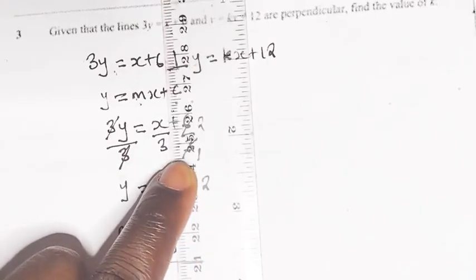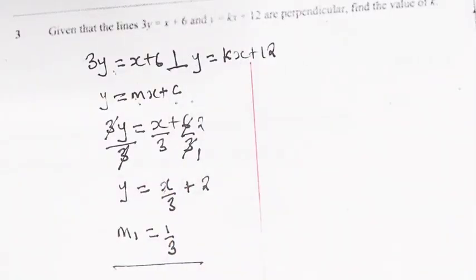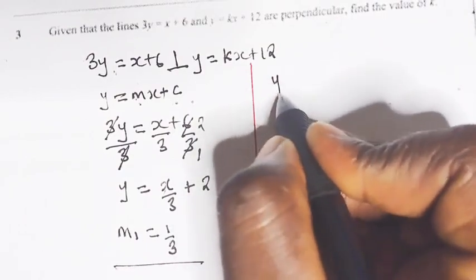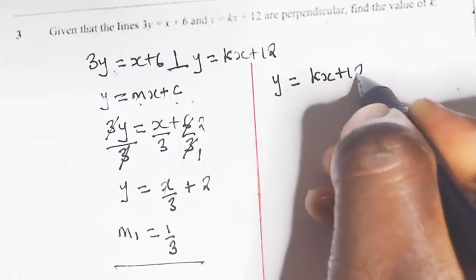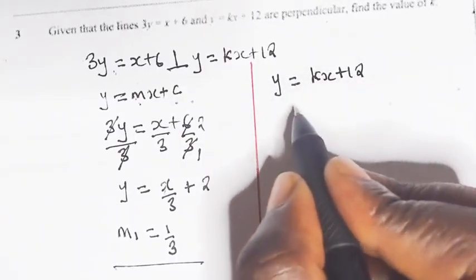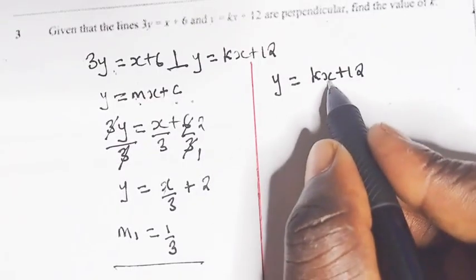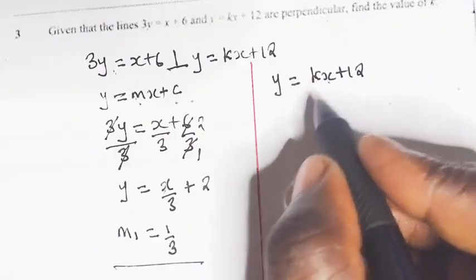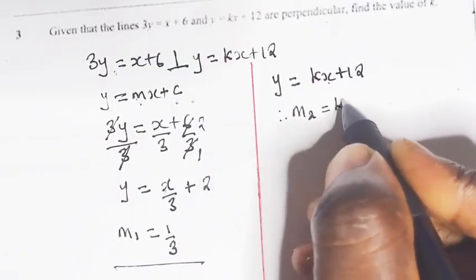So our second line is y is equal to kx plus 12. From here we can see that it's already in the form y equals mx plus c. So the coefficient of x is k, which is representing the gradient. So in this case we are saying gradient 2 will be equal to k.